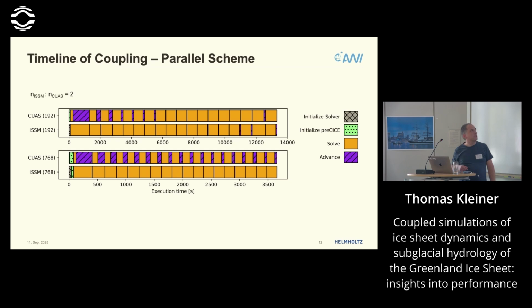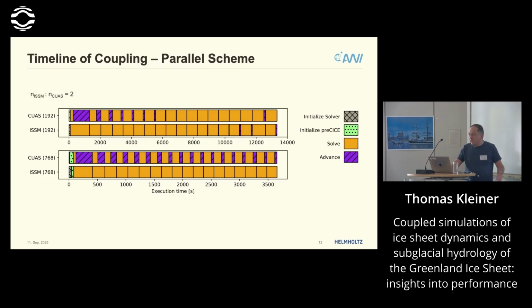On the previous figures, it was only the last 12 coupling windows. And what you can also see, if you put in more processes, is that CUAS needs to wait for the other participant. So that's not very well balanced.